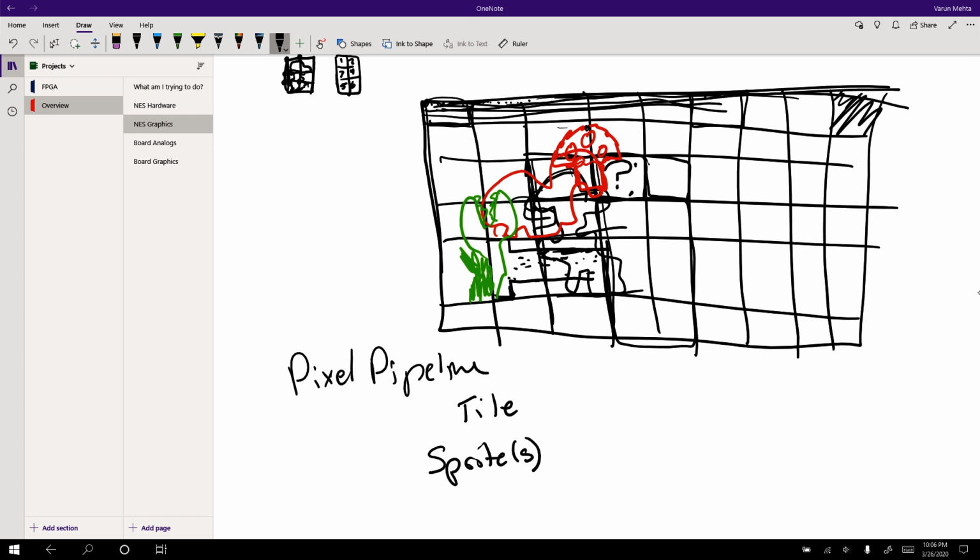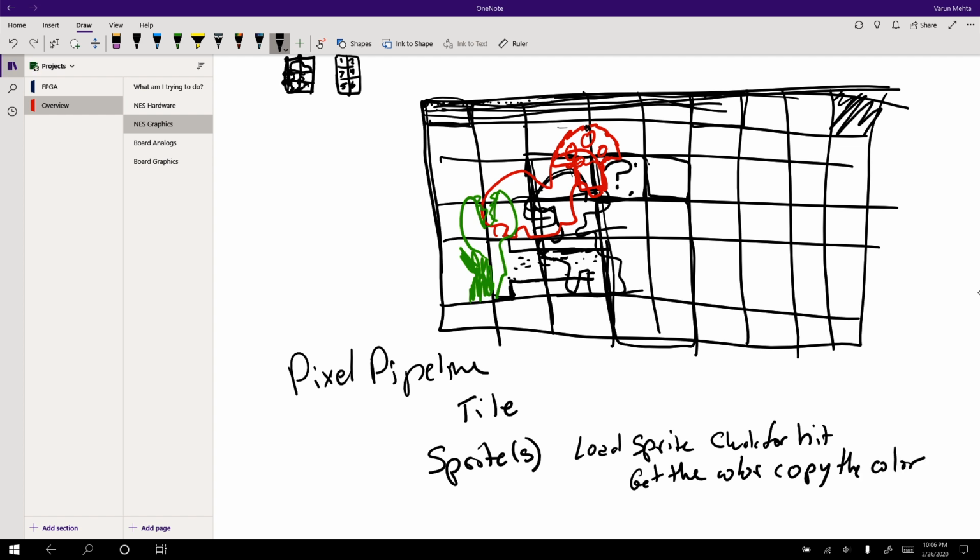So you need to load the sprite, right? You need to check for a hit, like does that spot have a sprite on it or not? You need to then get the color and copy the color. That is the color of the pixel. So you have a couple of things that all need to happen.